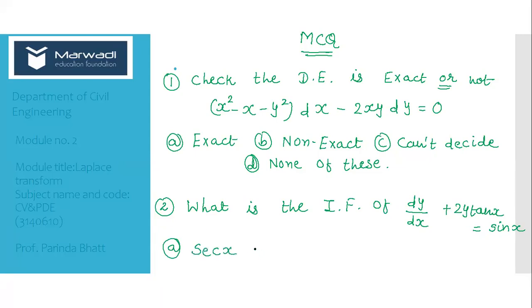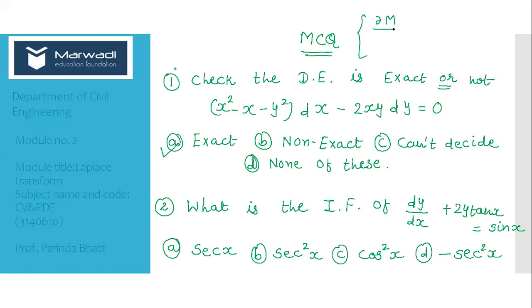Options: sec x, sec square x, cos square x, and minus sec square x. This is exact. Yes, I'm writing over here del m by del y is minus 2y and del n by del x is also minus 2y, implies exact. Therefore, exact.